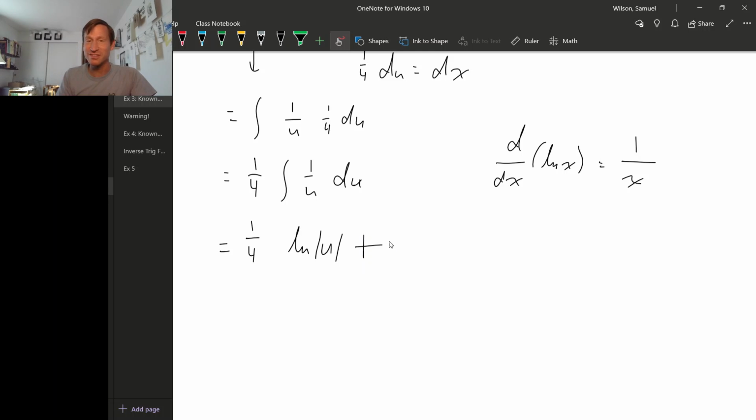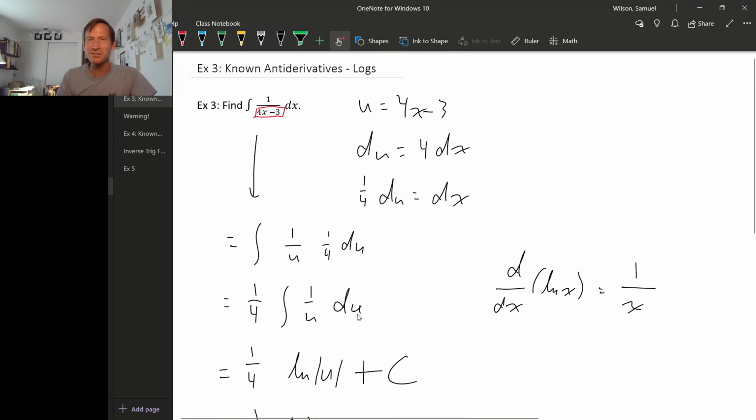Plus a constant. Of course, this was an indefinite integral, so we need to add our constant of integration, and we need to get back to the original variable, which was x, so we need to undo the substitution. So 1 over 4 times natural log of, what was the original substitution? Right, 4x minus 3.